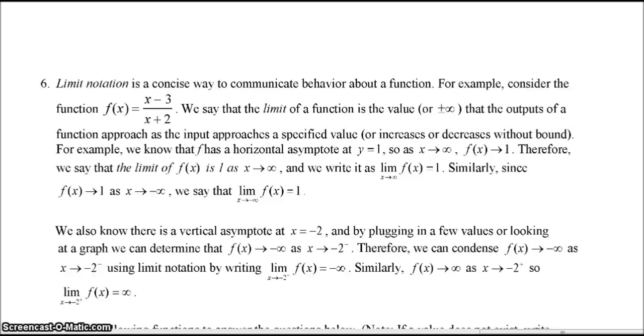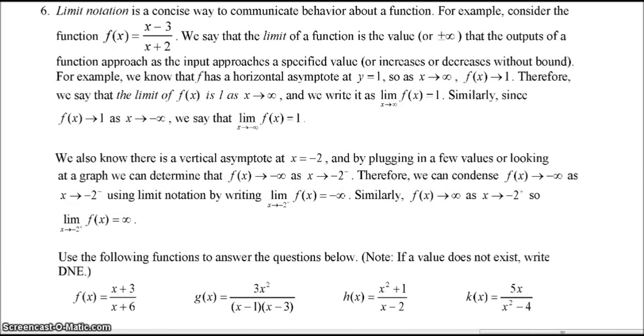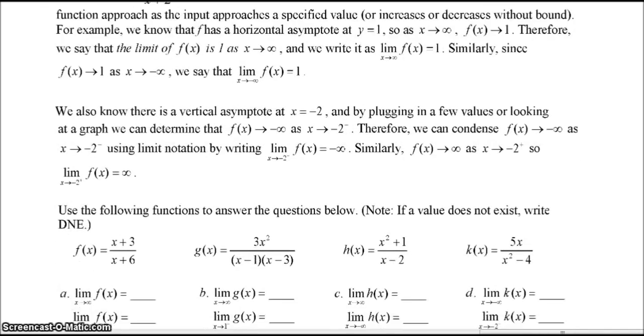For example, we know that f has a horizontal asymptote at y equals 1, so as x goes to infinity, f of x goes to 1. Therefore, we say the limit of f of x is 1 as x goes to infinity. And we write it as limit as x goes to infinity of f of x equals 1. Similarly, since f of x goes to 1 as x approaches negative infinity, we say the limit as x goes to negative infinity of f of x equals 1.